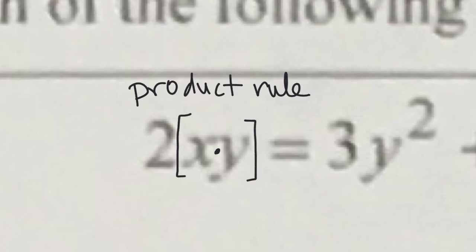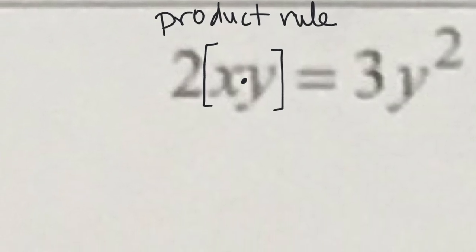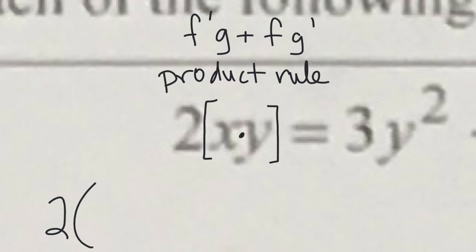Okay, so remember the product rule is f prime g plus fg prime. And you can, of course, switch those 2 back and forth, fg prime plus f prime g, since addition is commutative. Okay, so we're going to pull the 2 out and just deal with the x times y. Okay, so put the 2 on the outside, and now we're going to use the product rule with x times y.